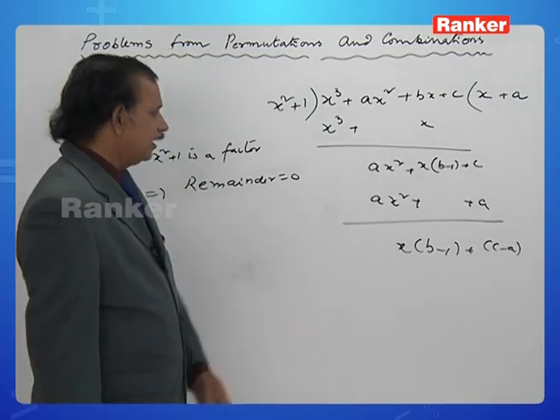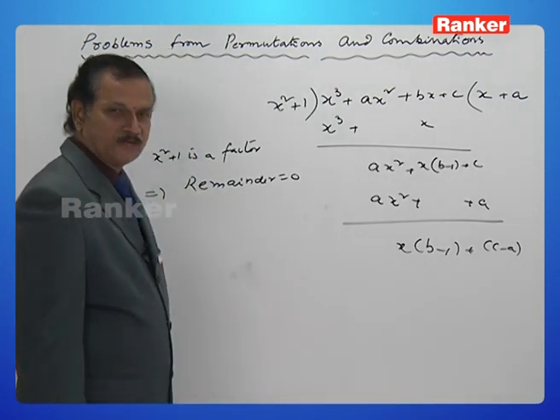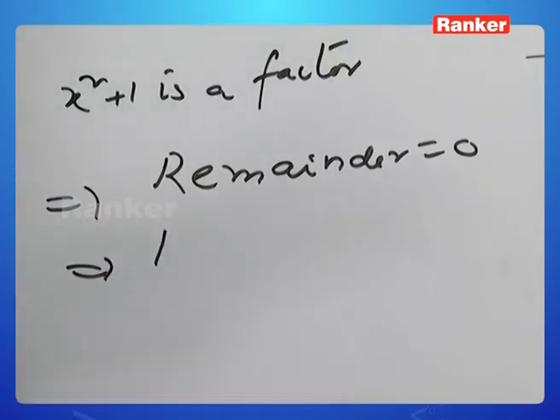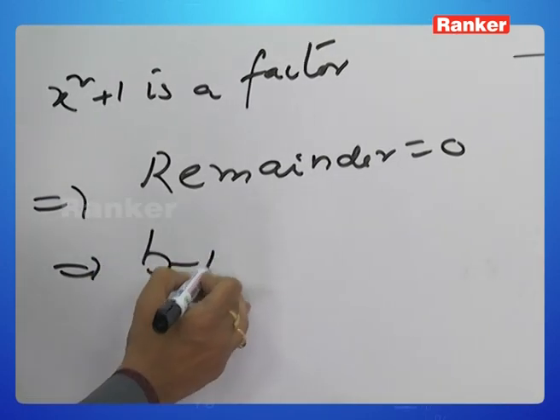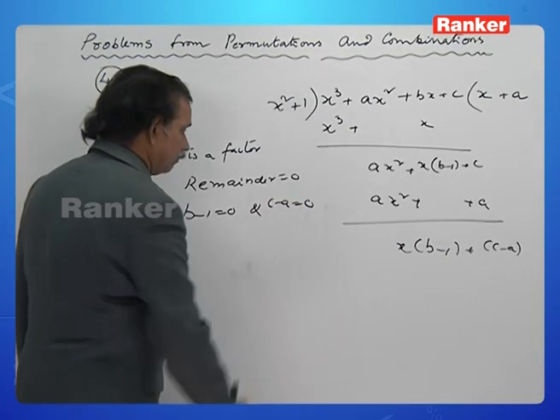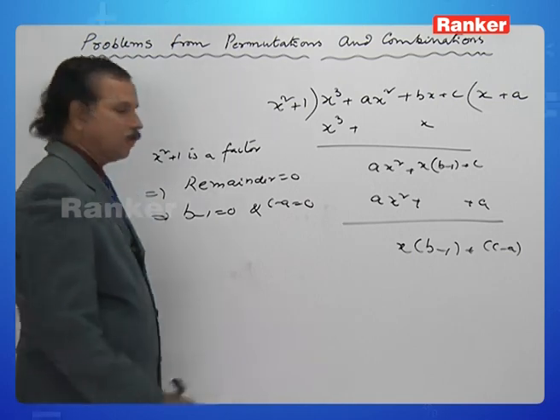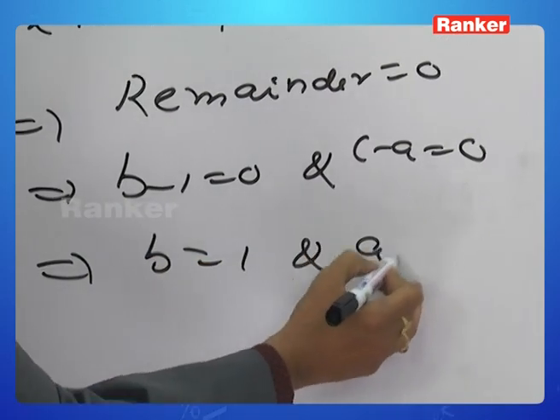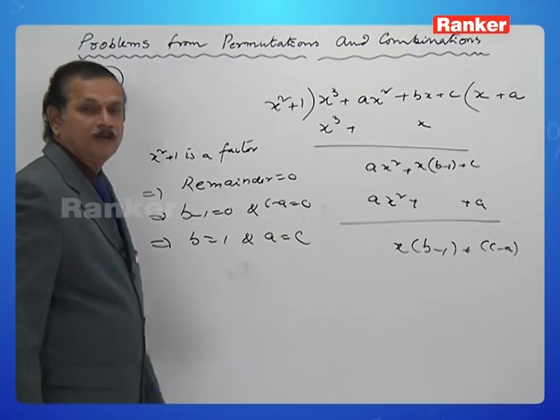What is the remainder? x into (b minus 1) plus (c minus a). For that, what should we require? b minus 1 is equal to 0 and c minus a is equal to 0. Yes, of course. So, b is equal to 1 and a is equal to c.